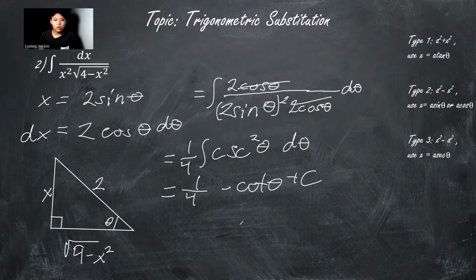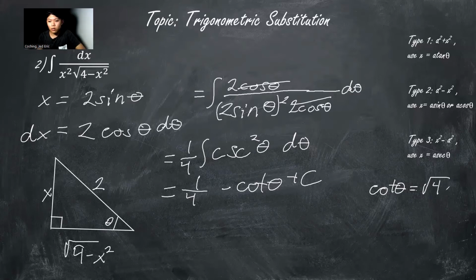So cotangent theta is equal to, remember, cotangent is this divided by x. So it's going to be the square root of 4 minus x squared divided by 2. No, not divided by 2, divided by x.